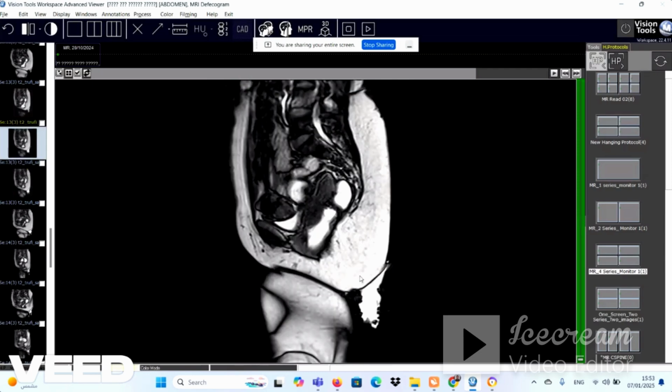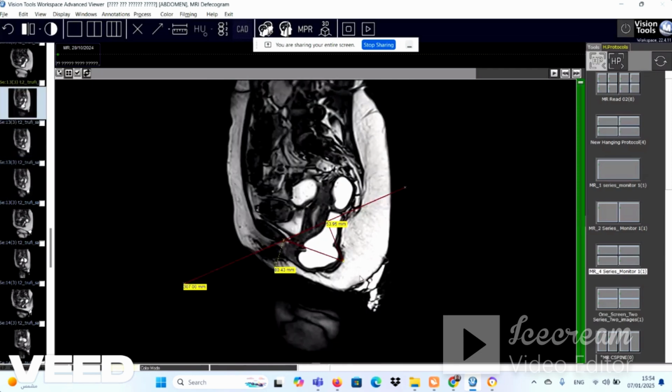So in conclusion, we have a significant or moderate degree of rectal prolapse. Look for the H line here and the M line of 5.3. The H line measures around 8 centimeter.